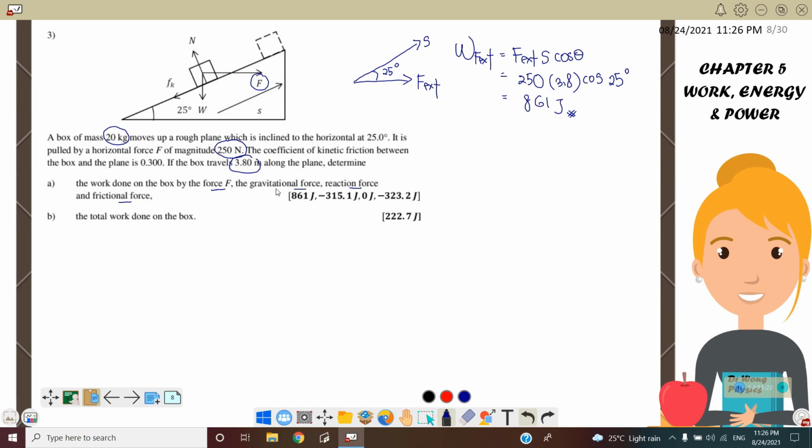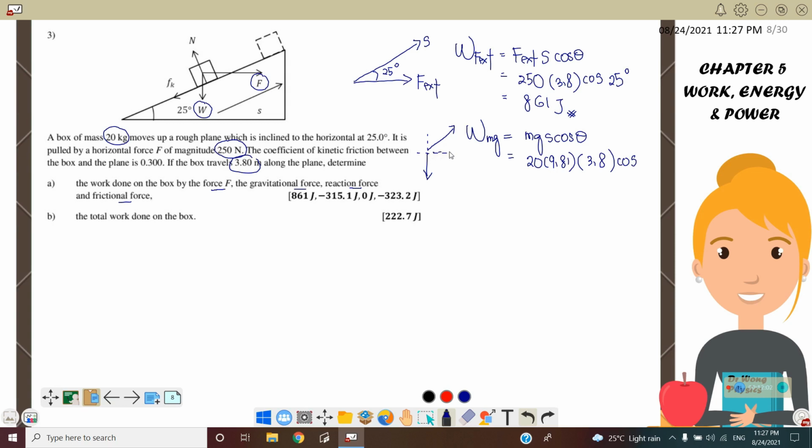The second one is the gravitational force. Here they are referring to the weight. So work done by the gravitational force is mg S cos theta. The mass is 20, g is 9.81, the displacement is 3.8, cos. You need to draw out the angle: the weight is going downward and our displacement is upward.